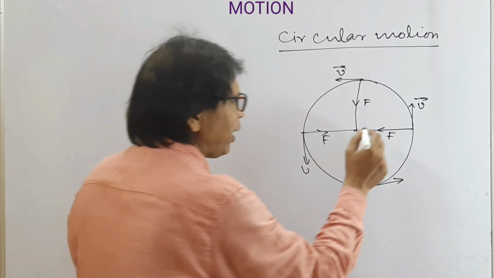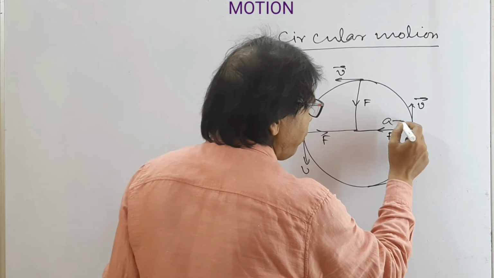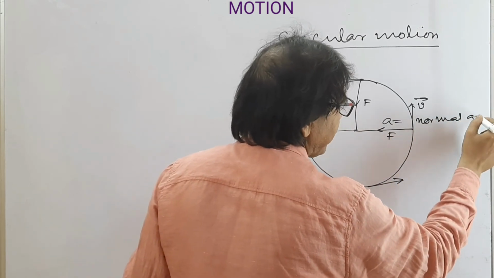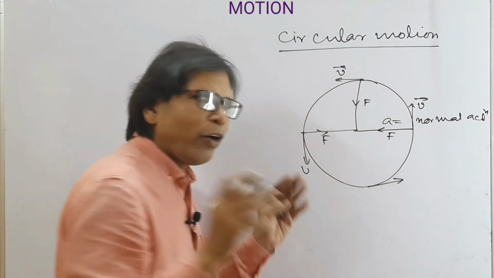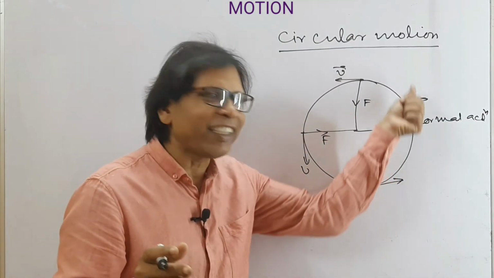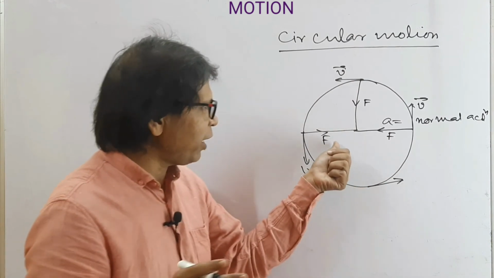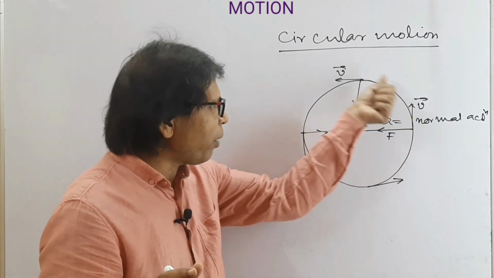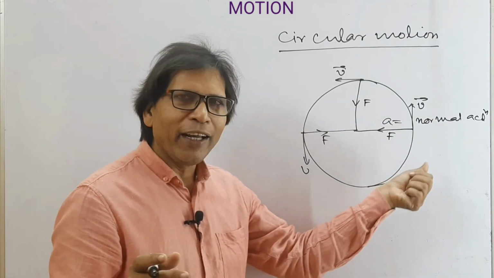Now an acceleration known as normal acceleration or centripetal acceleration is acting normal to the direction of velocity. Look at this, if r is the radius of the circular path, then total path is 2 pi r.